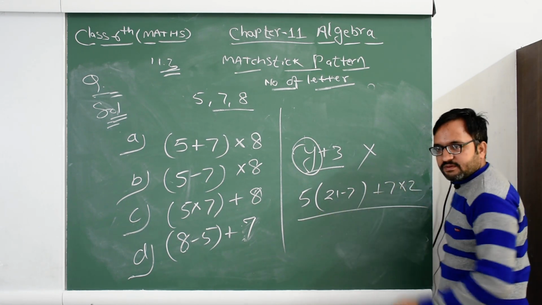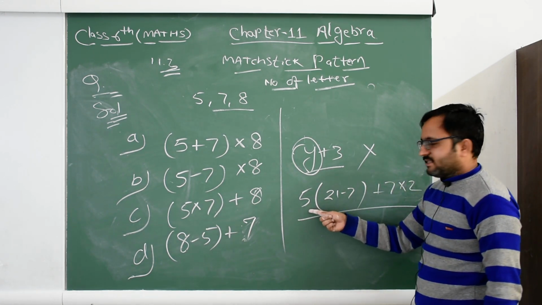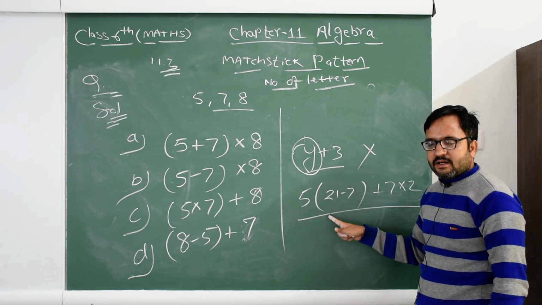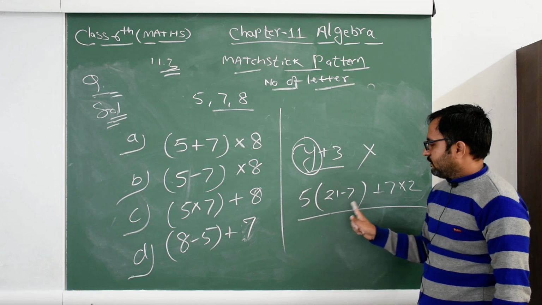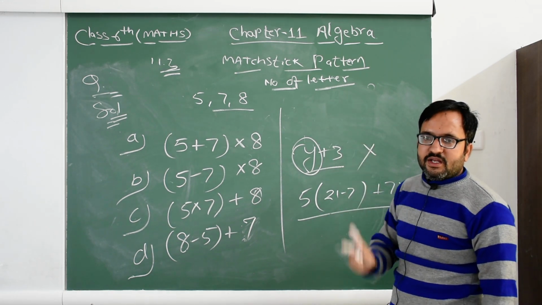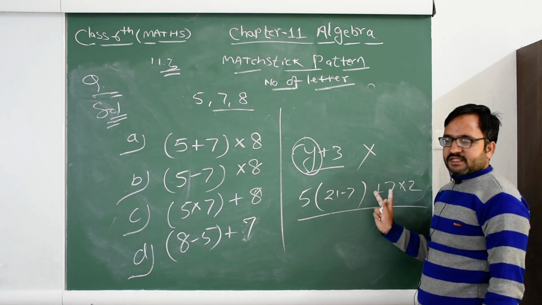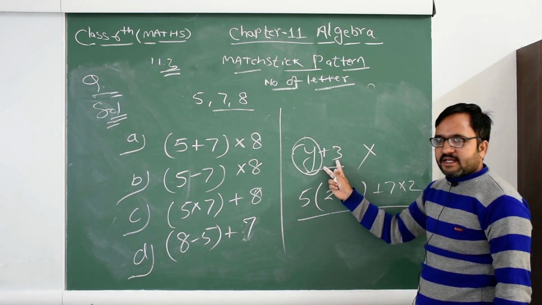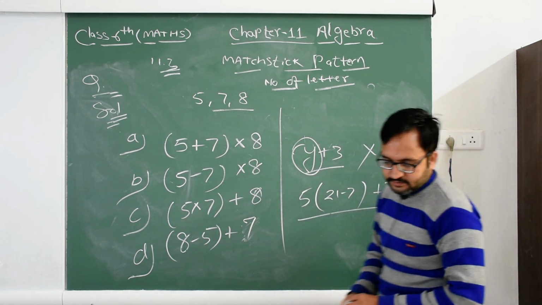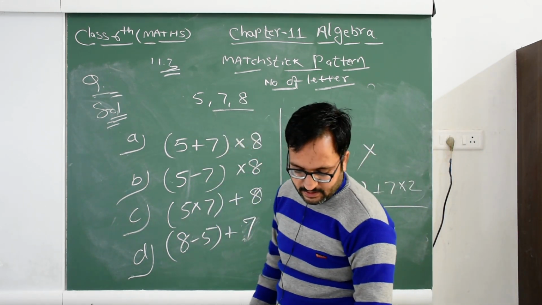This is an expression, and in this expression we see there is no variable. So this is an expression without any variable, and the other is an example of an expression with a variable. Please classify the expressions.